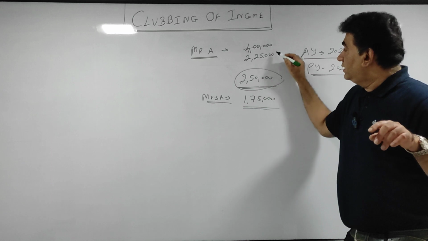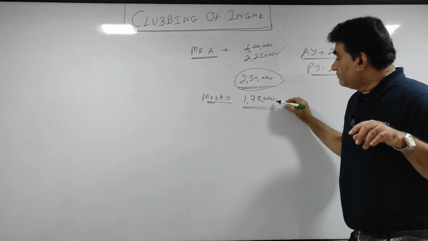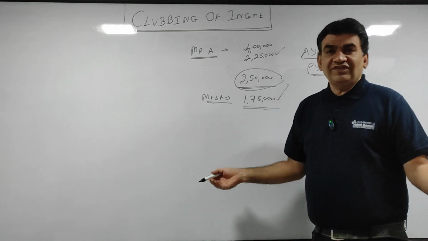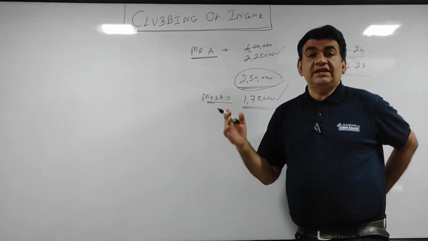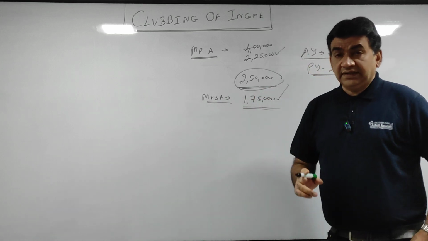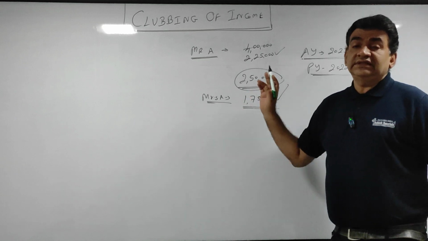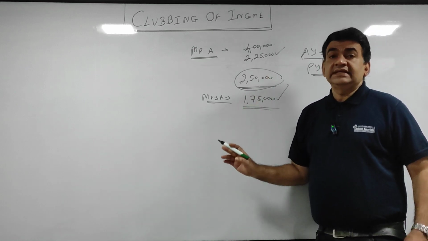Now what happened? A's 225 is below 250, Mrs. A's 175 is below 250. Both incomes are below the taxable limit of 2,50,000.